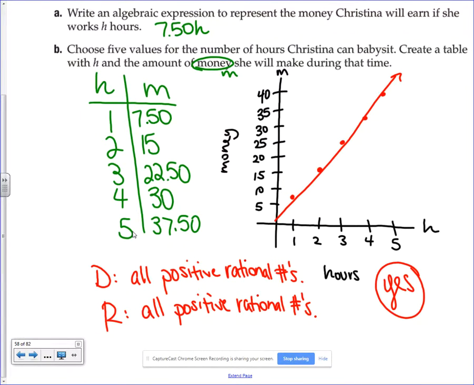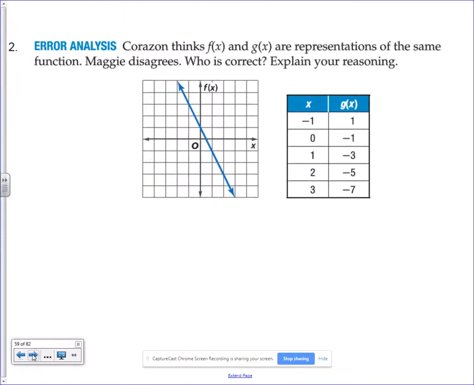Okay. I think I'm ready to go down to your next problem now. Go ahead and read it. And I want you to tell me who is correct. Is Maggie correct or is Corazon correct? Who is correct?